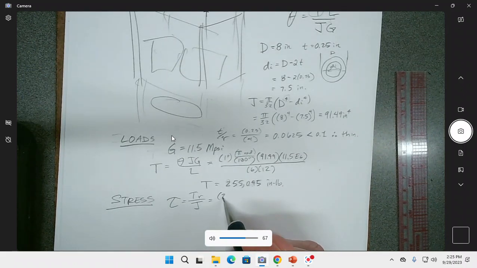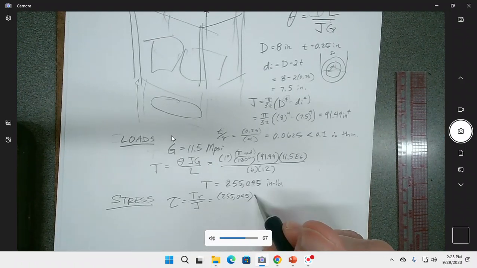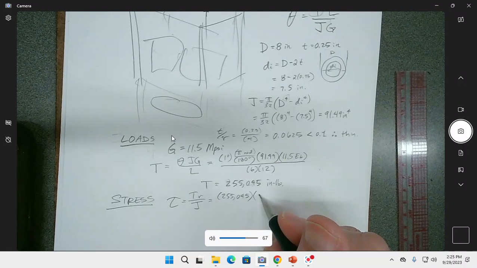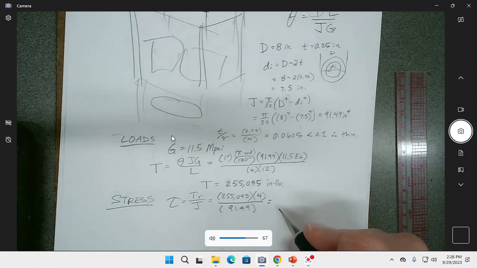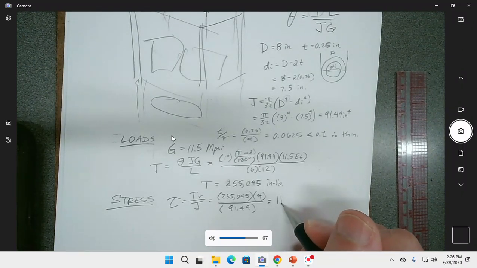So 255,045, and we decided it was, so we're going to go 4 for our R, and then 91.49. 91.49 divided by 4, boom. It's not so bad, okay. 11.15 KSI.